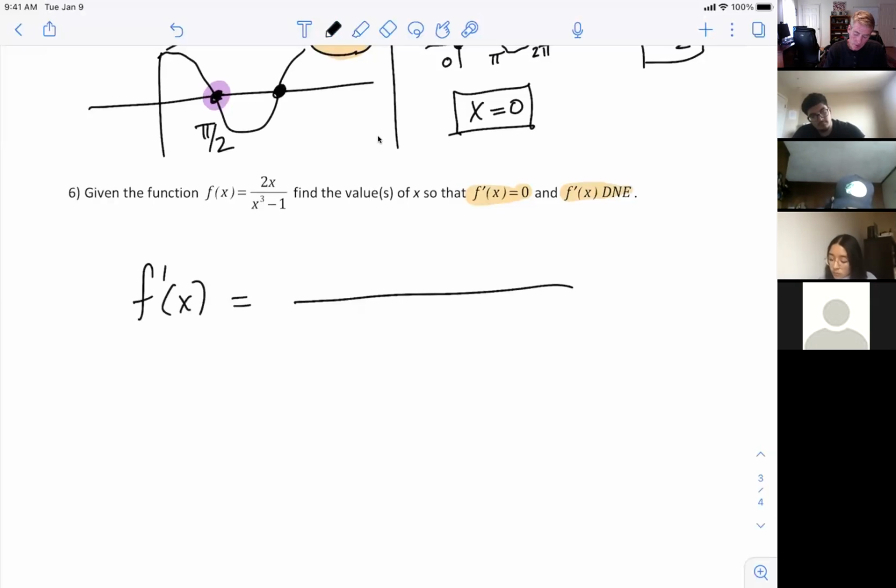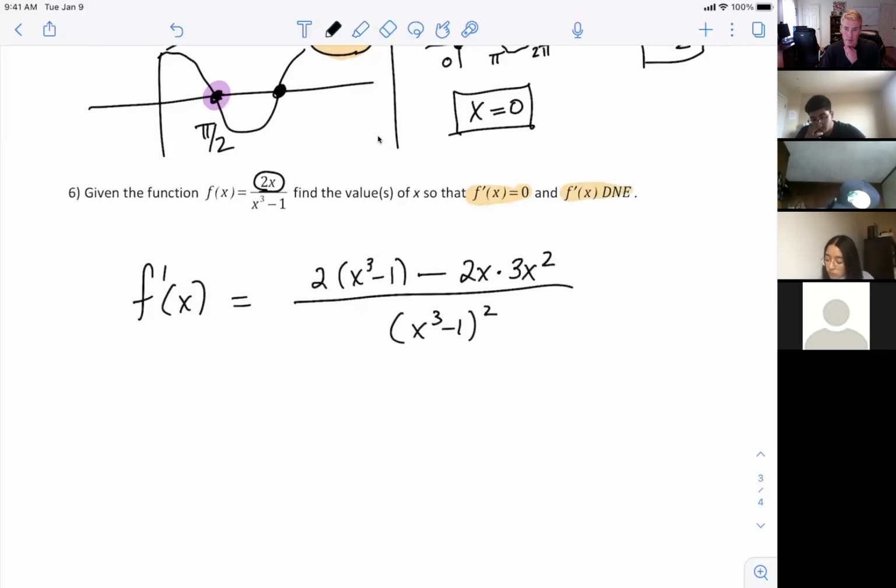So to begin with, we would need to use the quotient rule. So you start on the top, the derivative of 2x is just going to be 2. And then you just copy down the bottom, x cubed minus 1, put parentheses. And then it goes minus, now leave the 2x alone and take the derivative of x cubed minus 1. And that will be 3x squared. And then the bottom, you just put it in parentheses and square it.